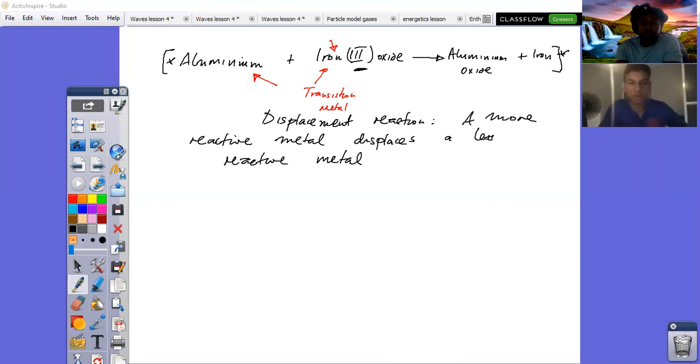Is this supposed to be where I put the charge on it? Yes, that's a good technique. Absolutely good technique.